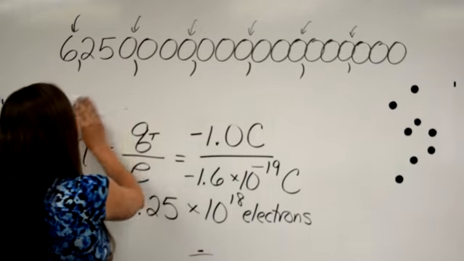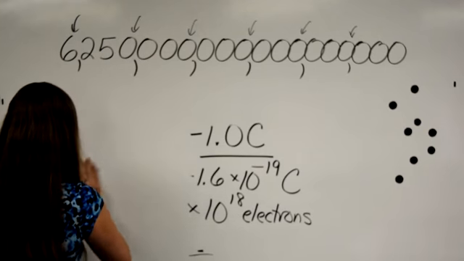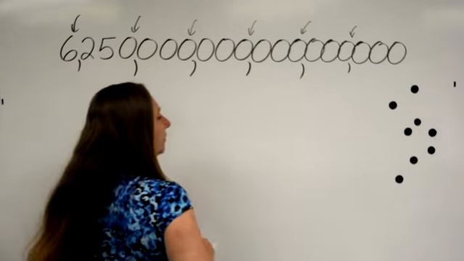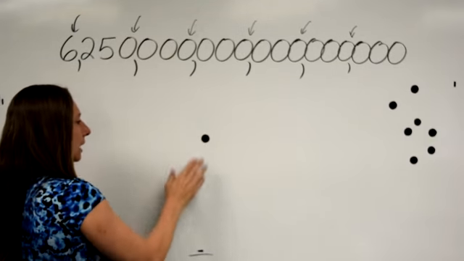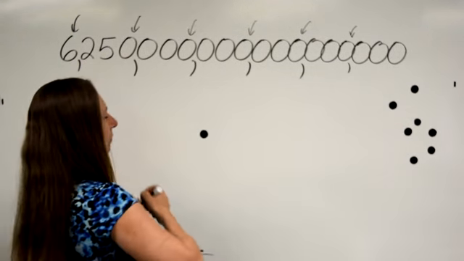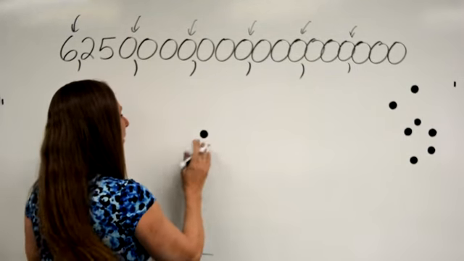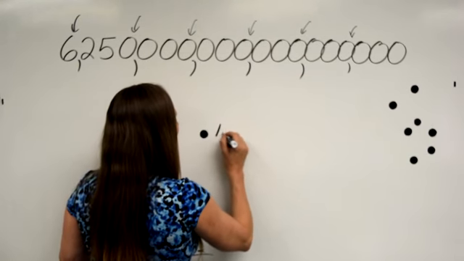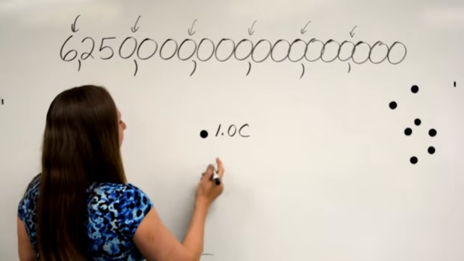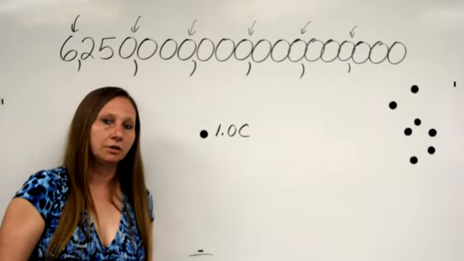So if I wanted this little black dot here to represent, instead of just one electron, 1 Coulomb of electrons, that would be this many electrons. That's a lot of electrons.